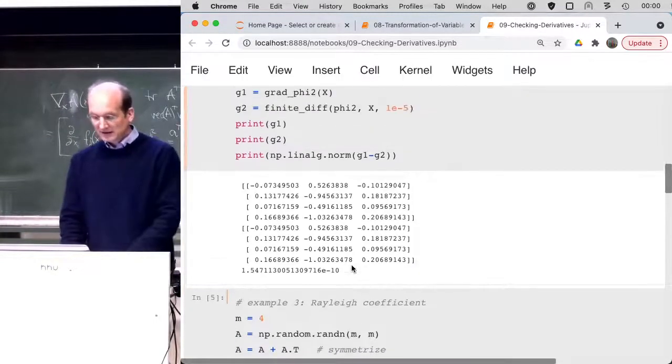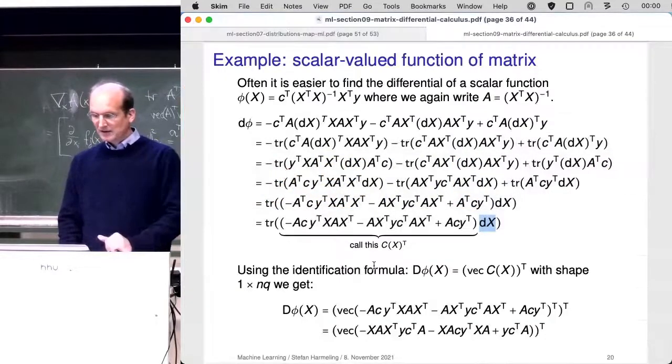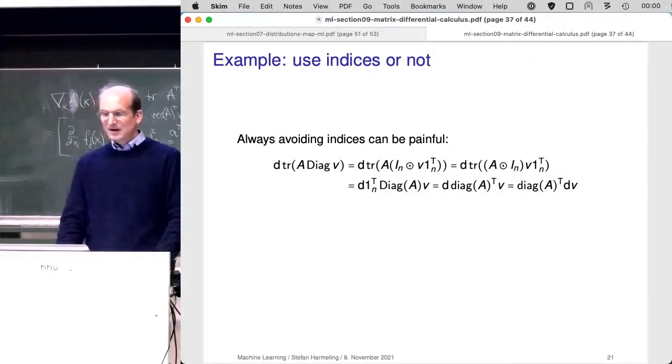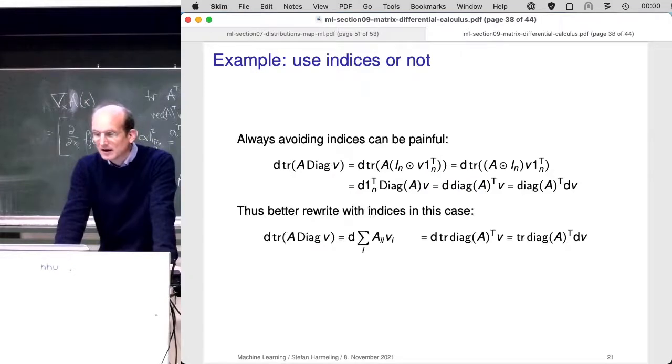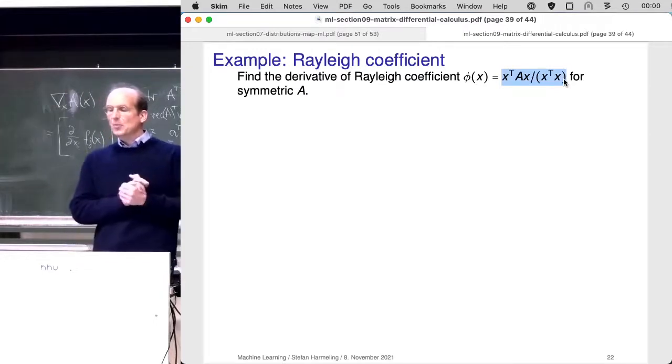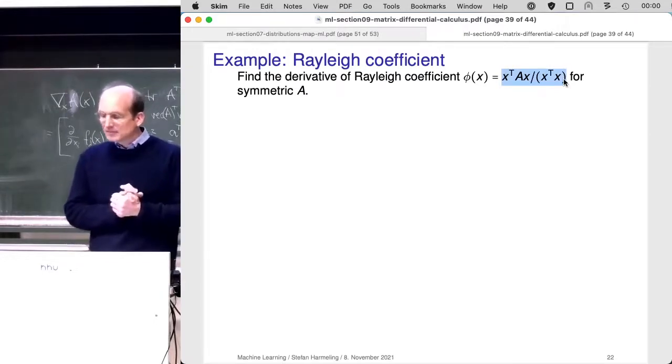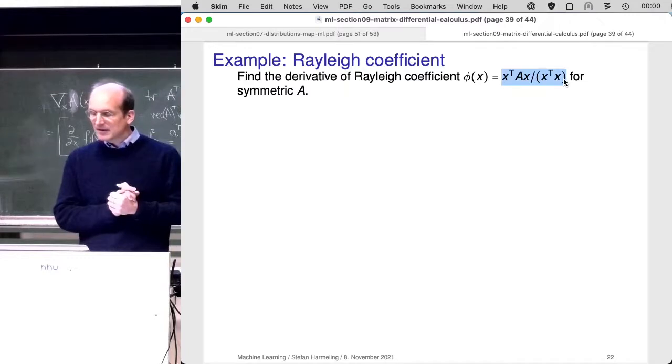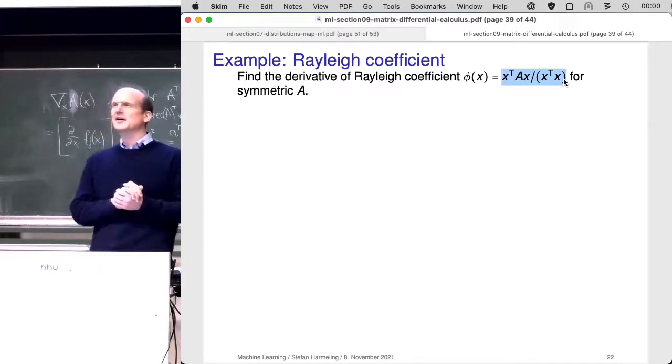Okay, so here's another example, the Rayleigh coefficient. So let's look at that one. I show you that one later. So here's another one. The Rayleigh coefficient, this is a function which is, I think, the largest eigenvalue or something.